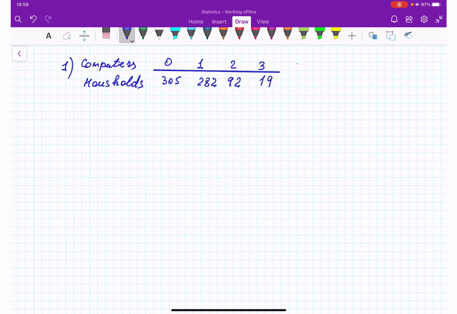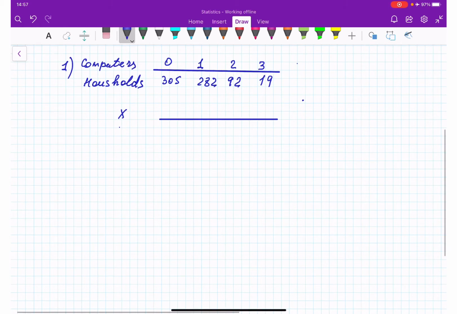So let me convert this into X. Computers are going to be X. I'm rewriting it mathematically as X. And percentage wise, what does that mean? Let's say 305, 282 houses, 92 houses, 19 houses. What does that mean percentage wise? So probability of X.